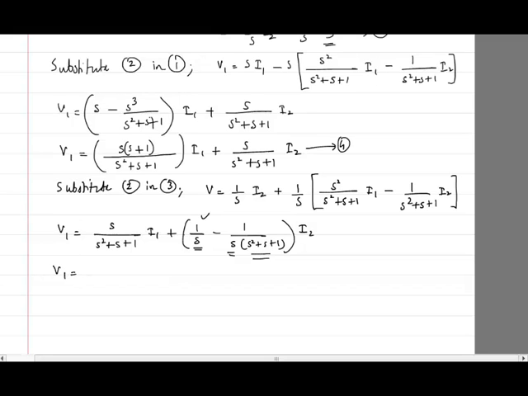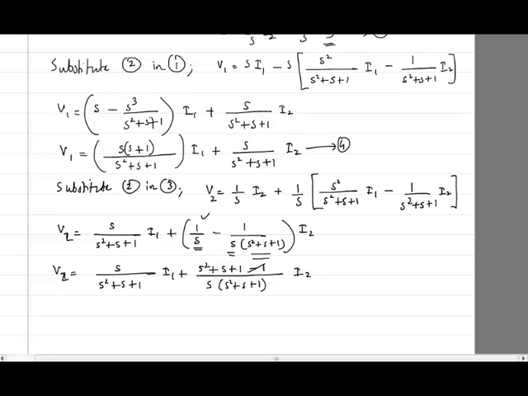So I will write, sorry, this was V2. So this is also V2. Okay. So V2 is equal to S divided by S square plus S plus 1 into I1 plus, so now I have to write here S square plus S plus 1 minus 1 divided by S into S square plus S plus 1 into I2.